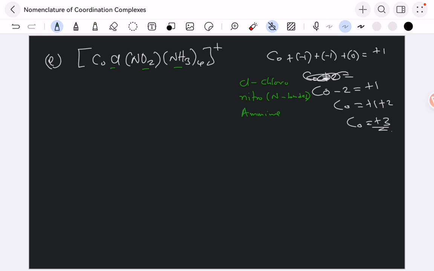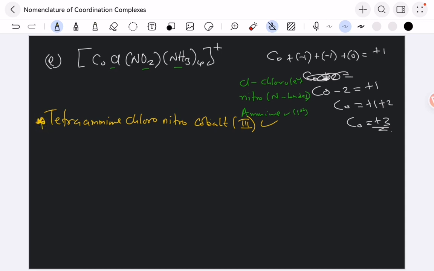So in terms of alphabet, amine comes first, chloro comes second, then nitro comes third. So this can be called tetraamminechloronitrocobalt, oxidation number is 3. So this can be the first name.